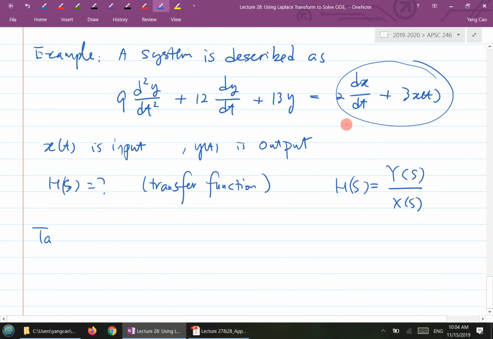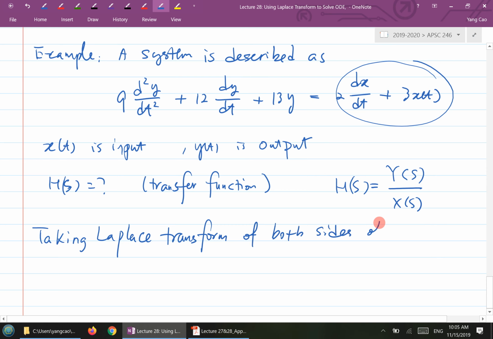We don't have Y of s and X of s directly showing up here. But if we take the Laplace transform of both sides of the equation, then I will have the Y of s and X of s showing up.